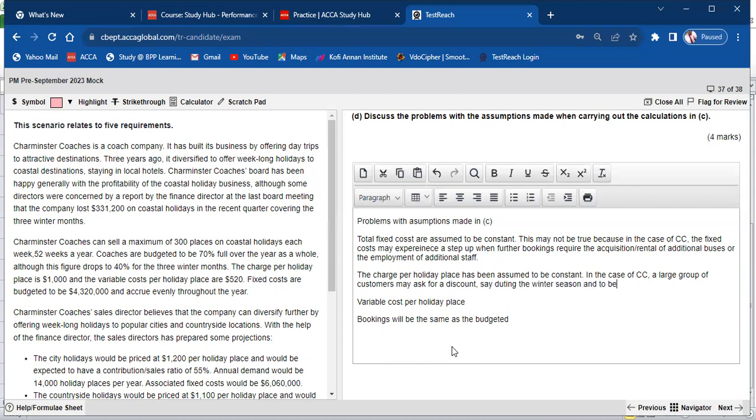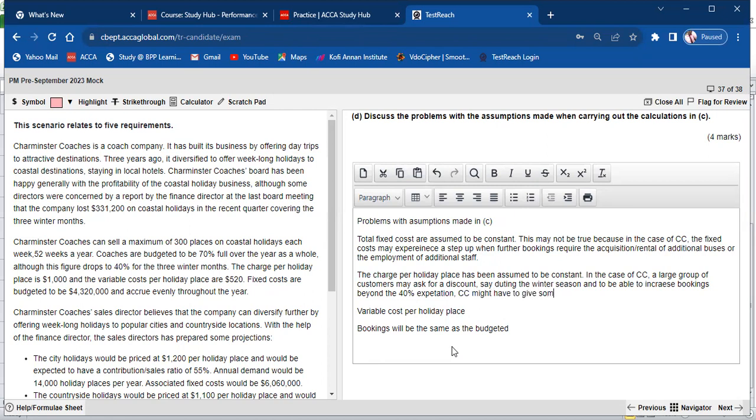And to be able to increase bookings beyond the 40% expectation, CC might have to give some discounts.